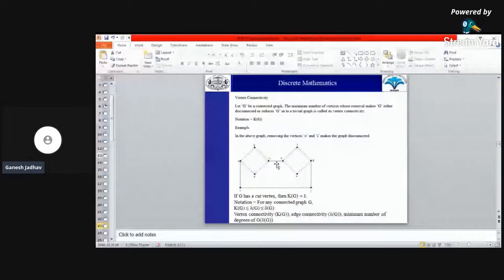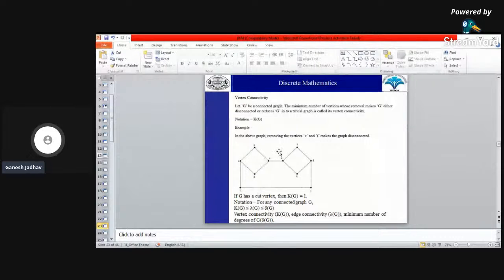If G is a connected graph, the minimum number of vertices removed from G to either disconnect it or reduce it to a trivial graph is called the vertex connectivity. So for vertex connectivity we are required to set another vertex also, I and j, because here there is only one edge.